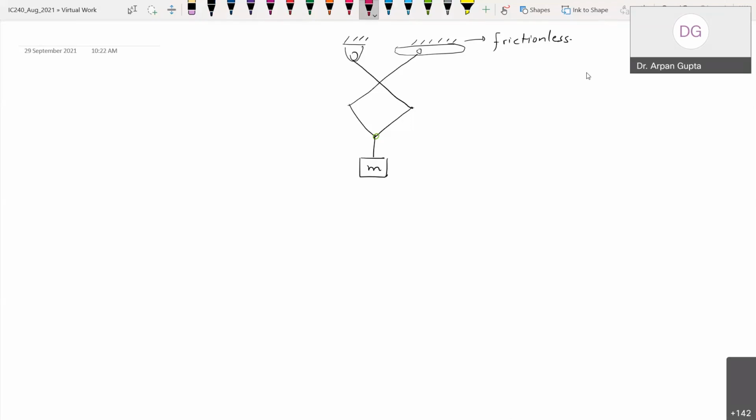Okay, so the question is, what should be the moment m? Find m so that the system is in equilibrium.